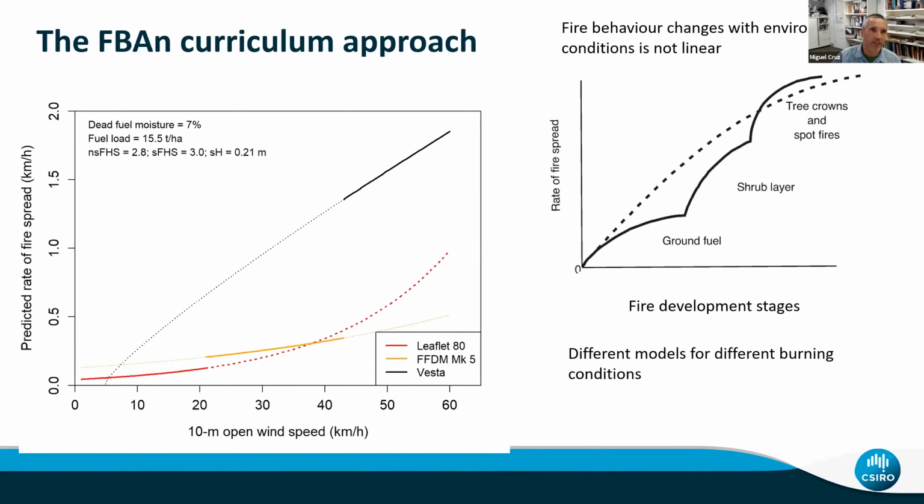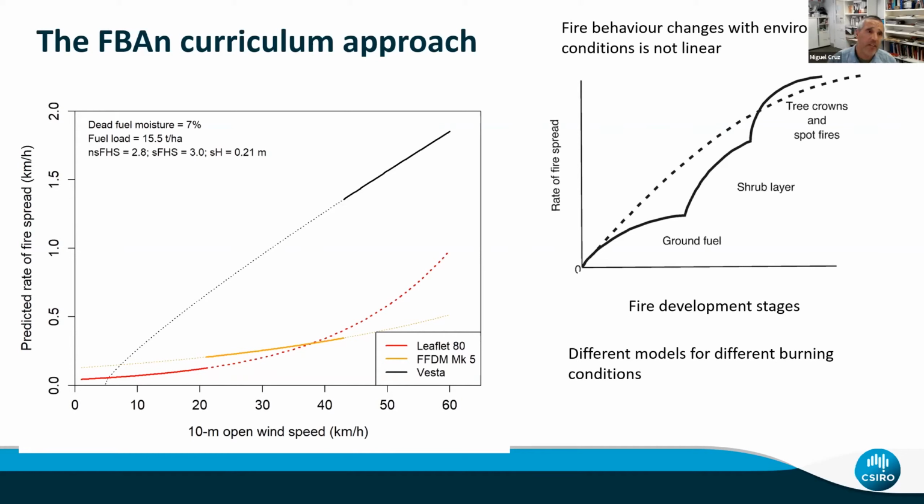And going back to this FBAN curriculum approach, where for a certain range of wind speeds or FFDIs, FBANs are going to use different models, right? Leaf of 80 for the bottom, then Mark 5, and then Vesta in the upper end.